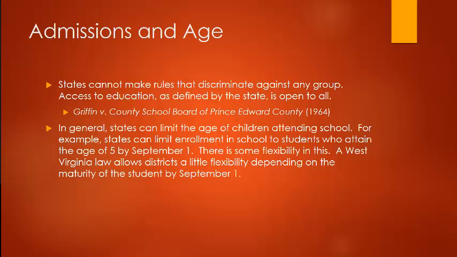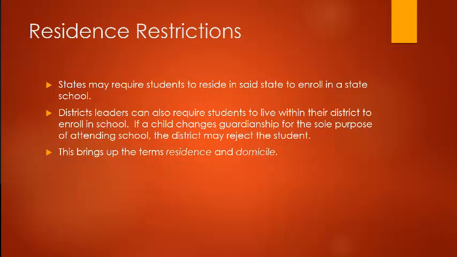What we're going to see here is that while the Constitution, meaning the federal government, is going to establish some laws, or the Supreme Court is going to interpret laws based on the Constitution, states, as long as they fulfill those laws, can expand on them in their own rights. Let's talk about residency restrictions, and we see this a lot in Oklahoma.